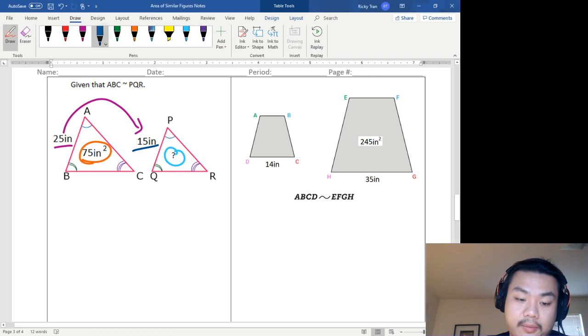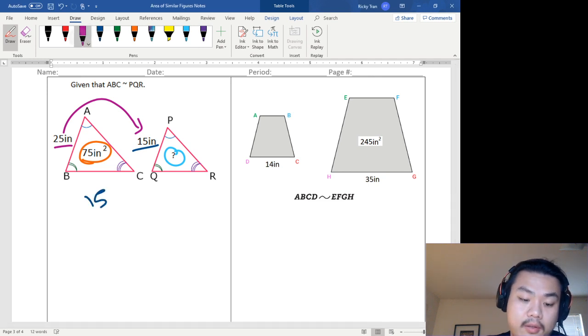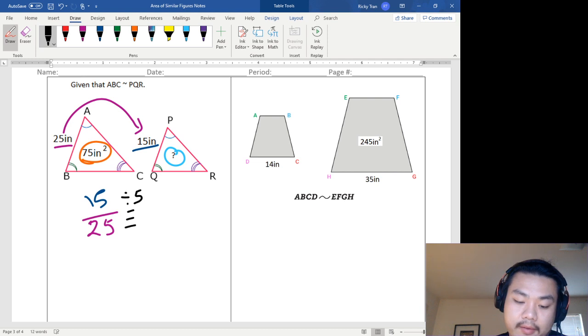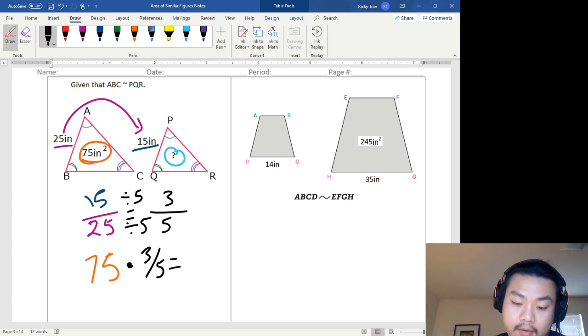So it should be less than 1, 15 over 25, which, if you divide by 5, is actually 3 over 5. So 3 over 5, so we take 75 and we multiply it by 3 over 5.